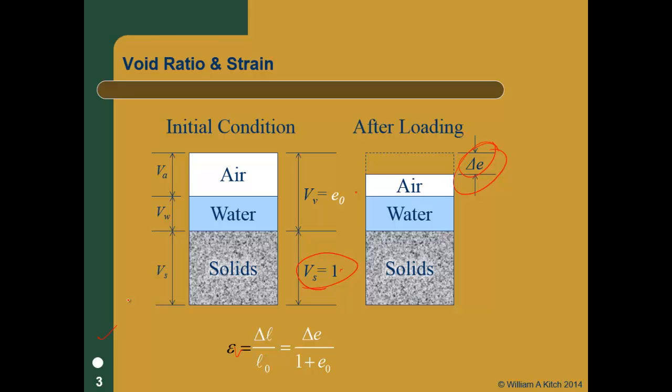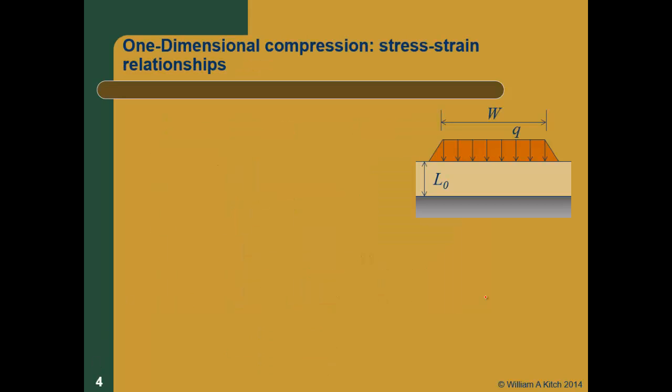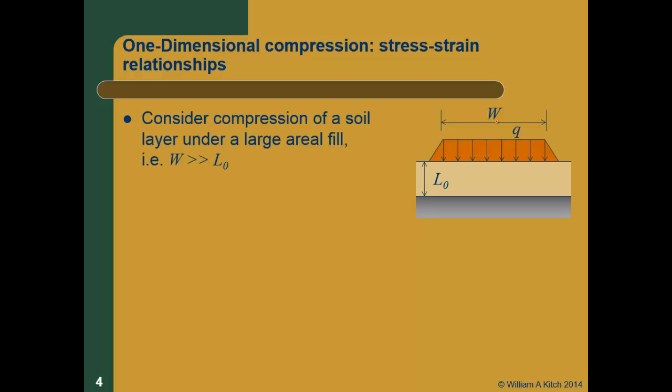Okay. Well, we're going to talk about one-dimensional compression now, because this is a very common boundary condition that we have in geotechnical engineering. The model of this is if we're looking at the settlement for a large embankment, and by a large embankment, I mean a case where we're loading some area with a length W, and you can think of this in 2 dimensions if you want, where that length is much greater than the thickness of this compressible layer.